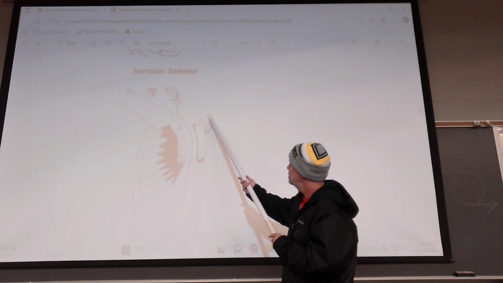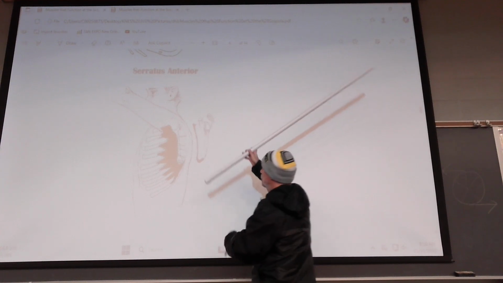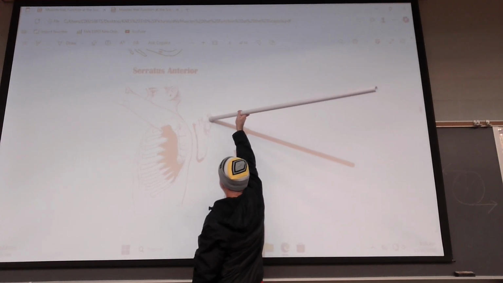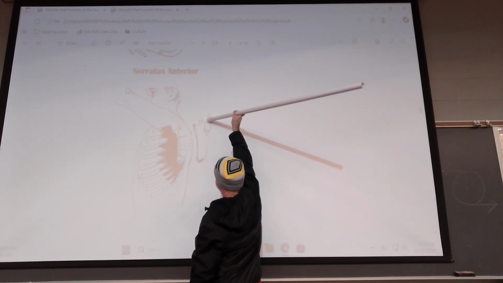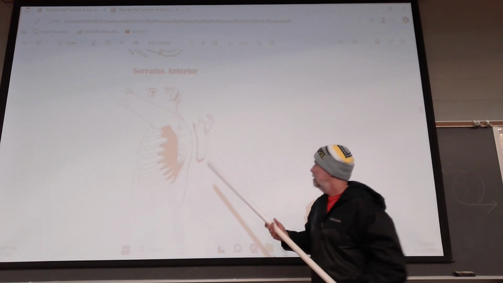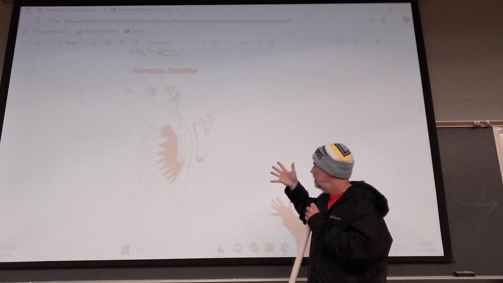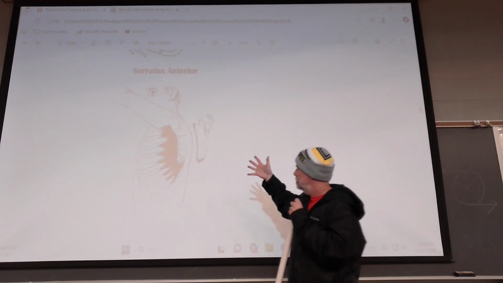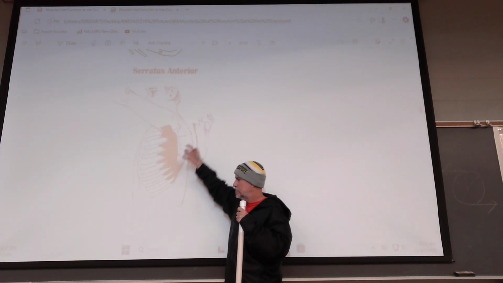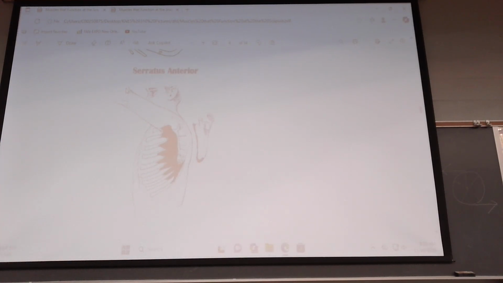What do you think that is? So that's our acromion, which connects to our spine. So here's our representation of our spine. If you have a muscle that starts on the ribs, goes out to the scapula, nothing super expensive props in this class.